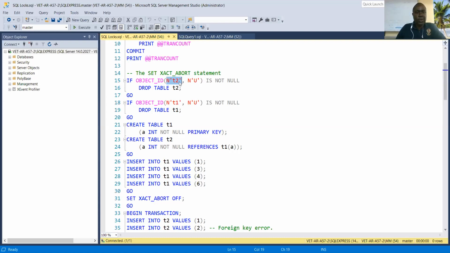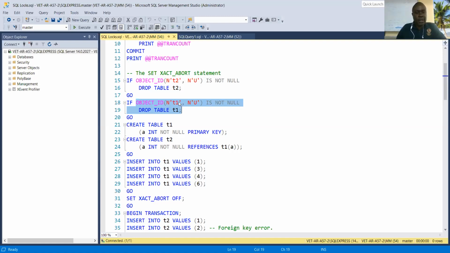When that is true, the first thing is to drop the table. But if this returns a null value, then this is ignored and it goes straight to this part. Again, it will check for the object ID named T1.